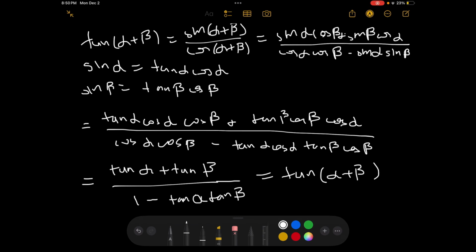We can repeat a similar process for tangent of alpha minus beta.